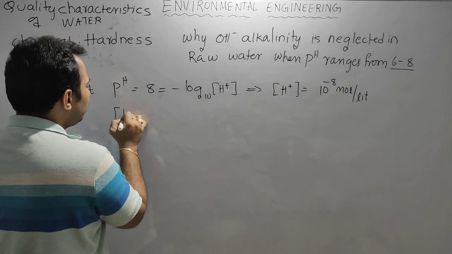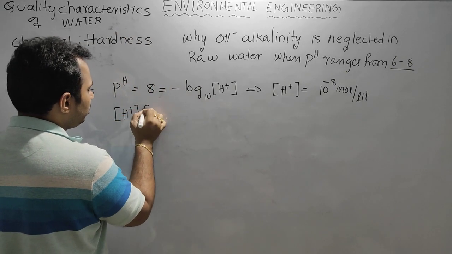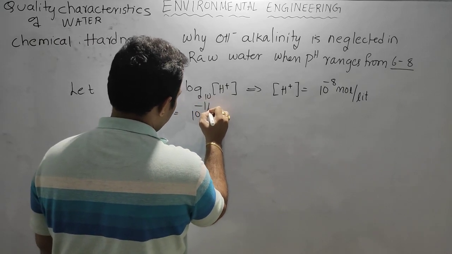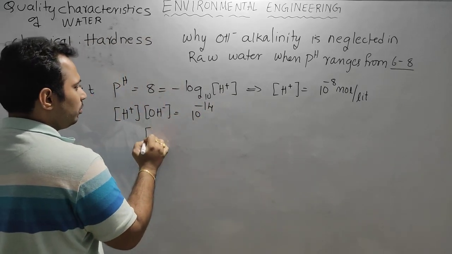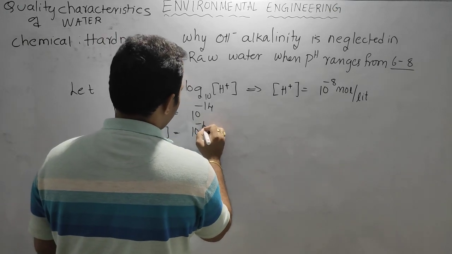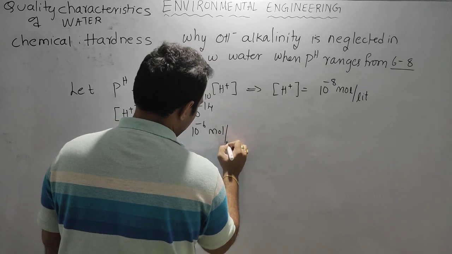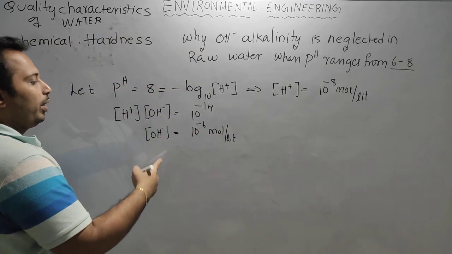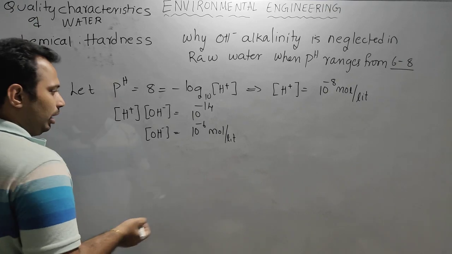We know that the product of H plus ion concentration and OH minus ion concentration is equal to 10 to the power of minus 14. That means OH minus ion concentration from this is equal to 10 to the power of minus 6 mole per liter. So this is in mole per liter. We can convert this into mg per liter.